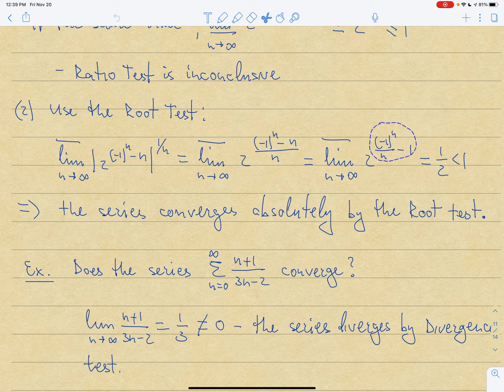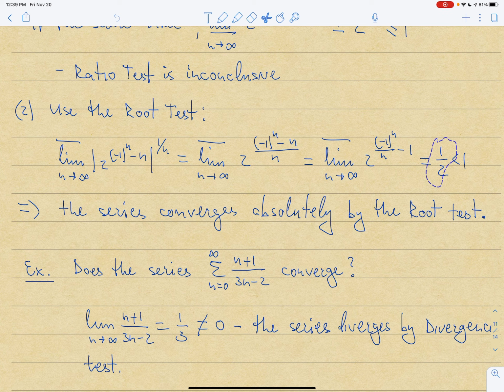And when n goes to infinity, (-1)^n over n goes to 0. So in fact, not just the lim sup, but the limit in this case is going to be equal to 1/2, right? Because it's going to be 2 to the power minus 1. And 1/2 is less than 1. And so the root test then is conclusive, and it shows that the series must be absolutely convergent.